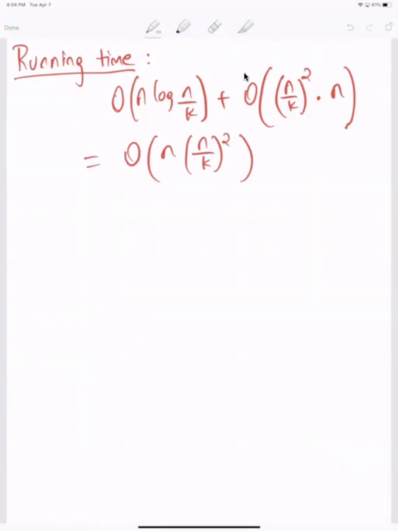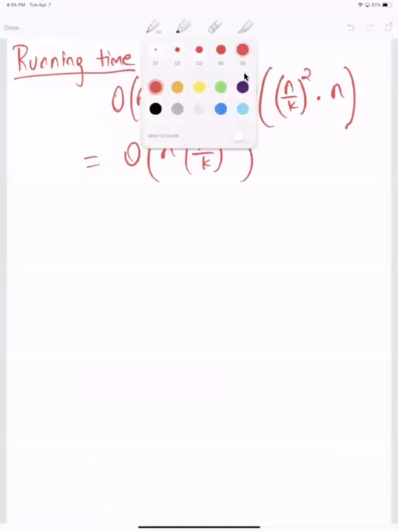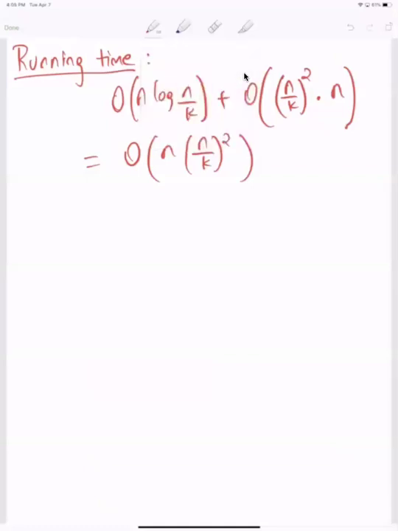Okay, so what does this say? It says whenever k is large, the algorithm is faster. The larger the value of k, the faster the algorithm.